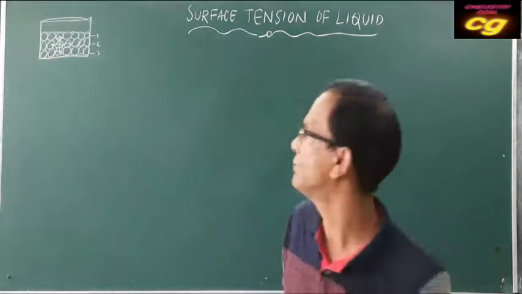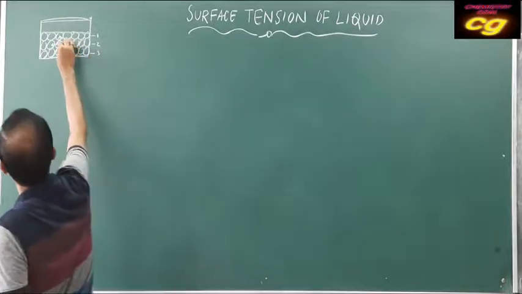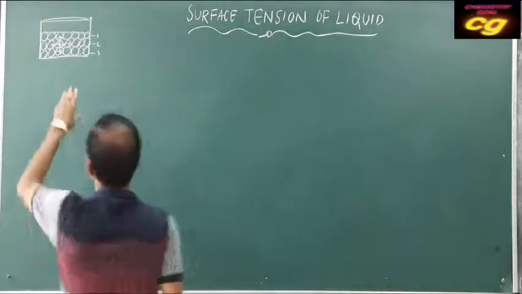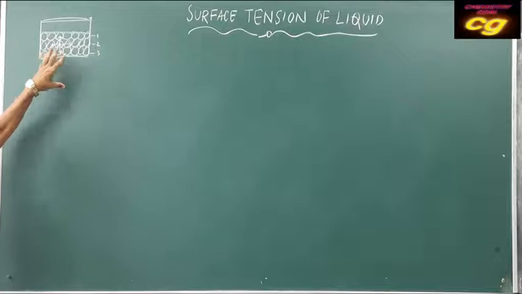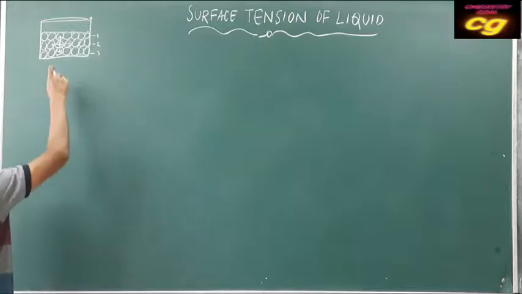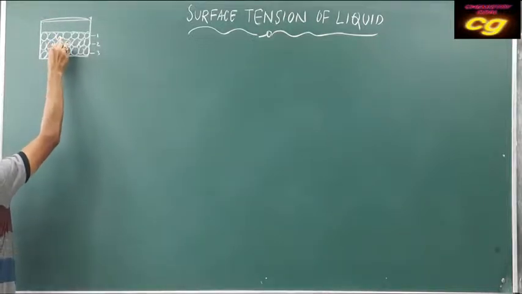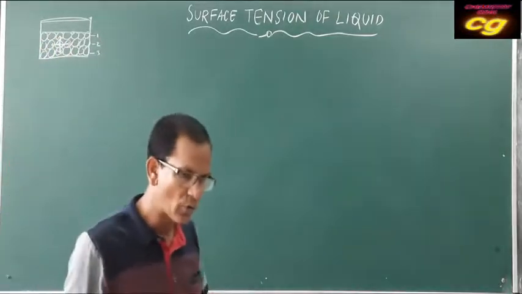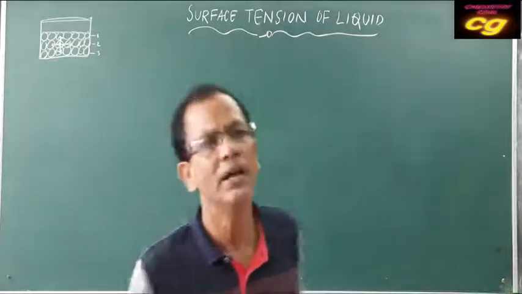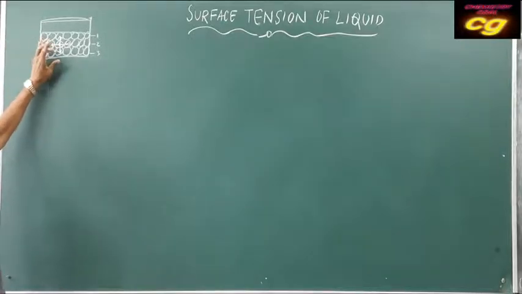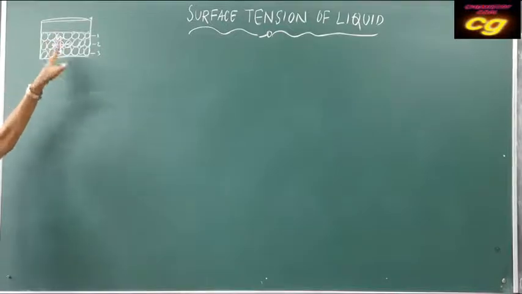Due to this intermolecular force, the center molecule is attracted in all directions, so it remains static. It is a balanced force. If you apply the law of physics, the forces upward, downward, left and right cancel each other. That's why the molecule remains in equilibrium, without being disturbed, because it is attracted from all directions.